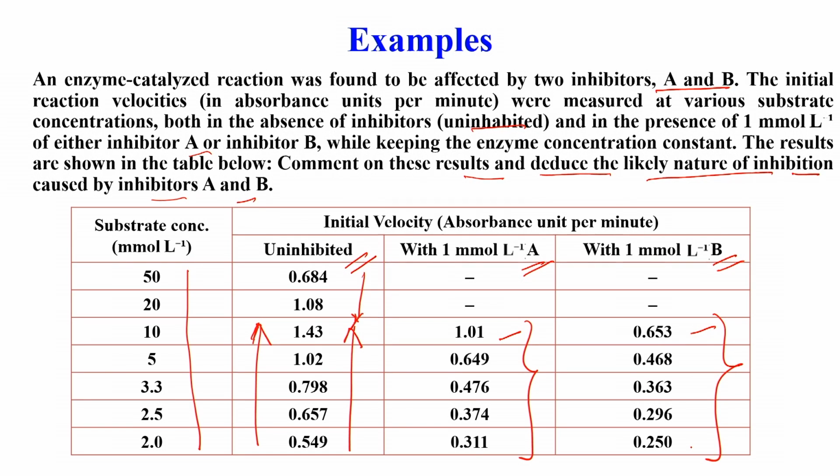Now, what we are going to do? We are again going to analyze the same thing for substrate concentration from 2 to 10 millimole per liter. We are having 3 different cases. In one case I equals 0, there is no inhibition.